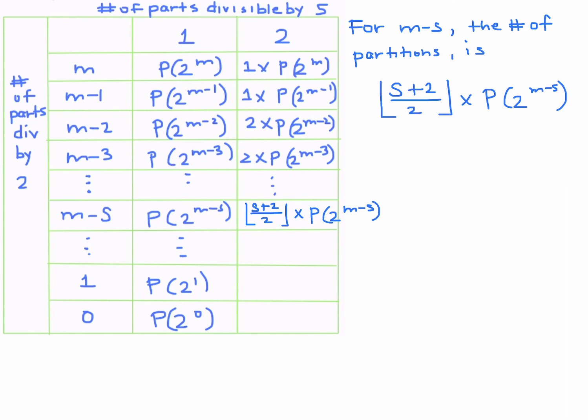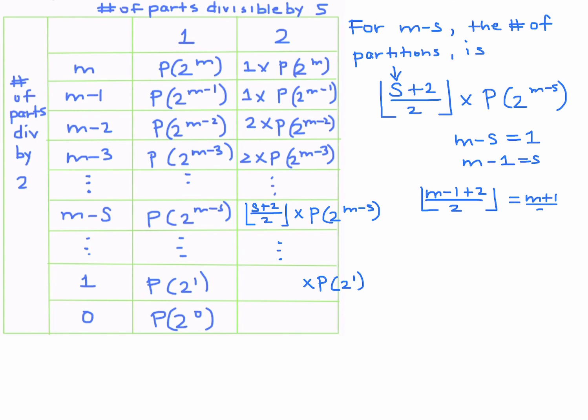Okay? Dot, dot, dot. Now I have to figure out what it is when we have p to the 2 to the power of 1. My value now for m minus s is 1. And therefore m minus 1 is equal to s. So that's what I'm going to substitute right here. So substituting, we'll get m minus 1 plus 2 over 2, and that becomes m plus 1 over 2.